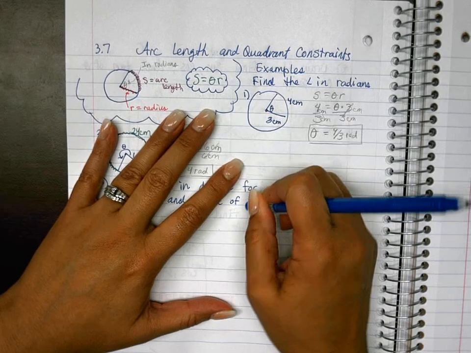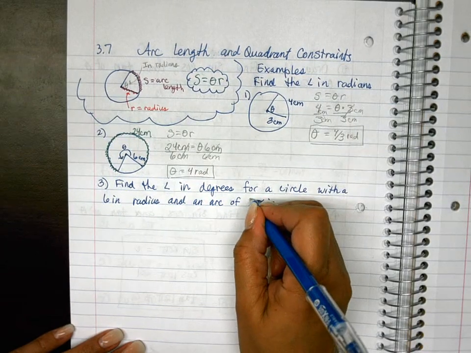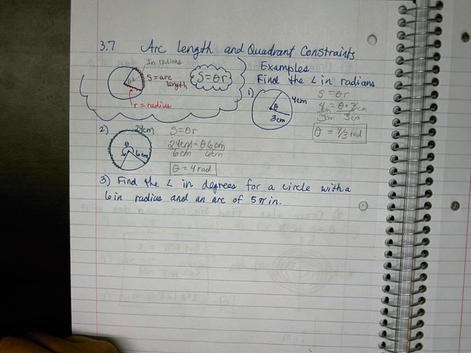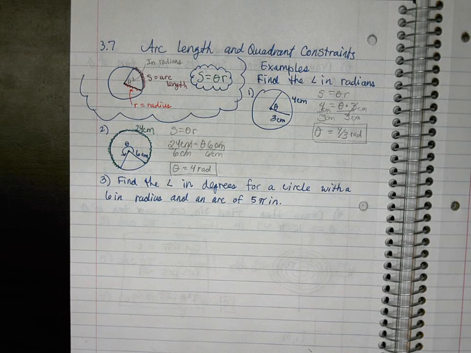All right, so that is: find the angle in degrees for a circle with a 6-inch radius and an arc of 5 pi inches.